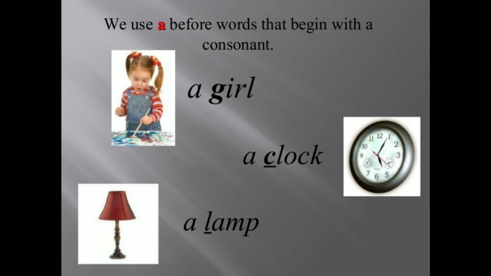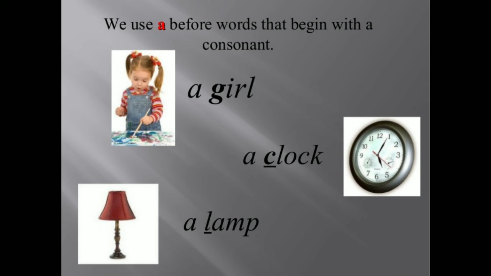A: we use a before a word that begins with a consonant. When there are consonant letters, we use the article a. For example, a cow, a pearl, a deer, a girl, a clock, a lamp. In this you can see G is a consonant letter, so we have written a.